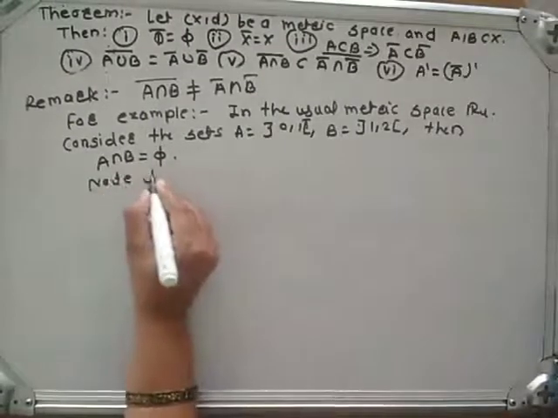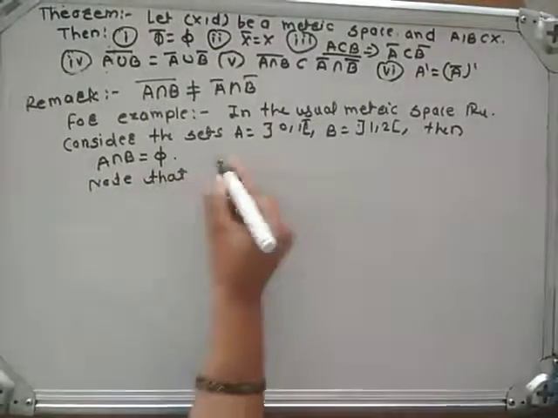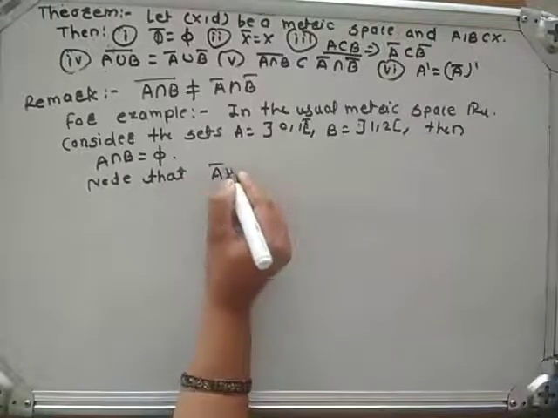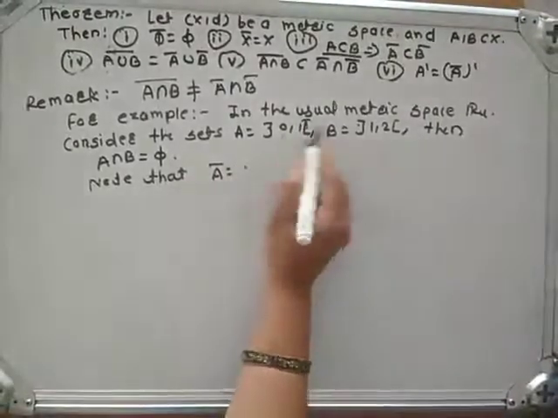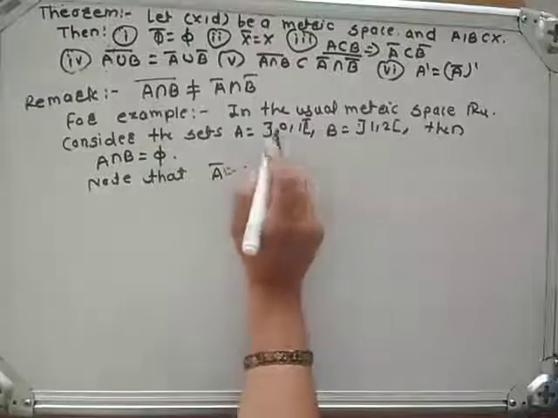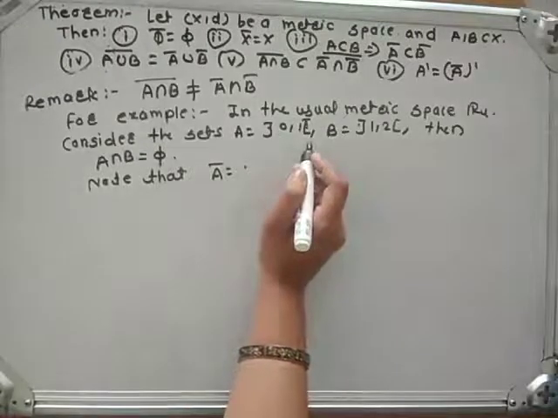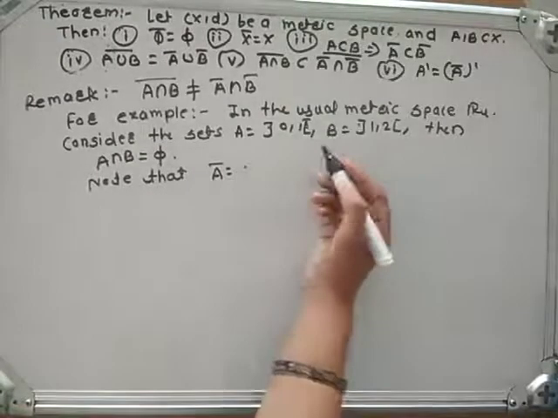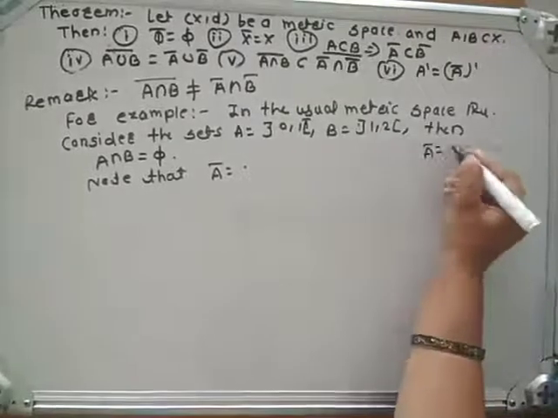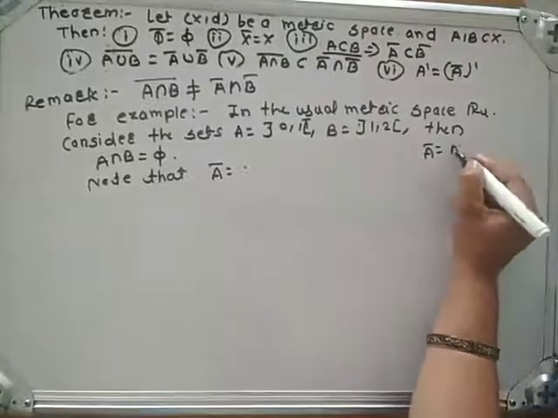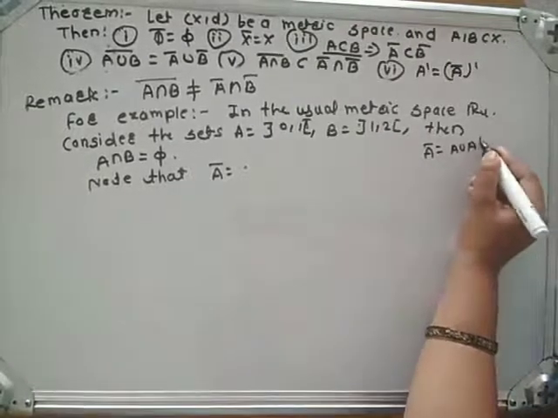Note that here A closure is equal to, what is A closure? Here A is nothing but open interval (0,1), and we know that the definition of A closure is A union A dash.